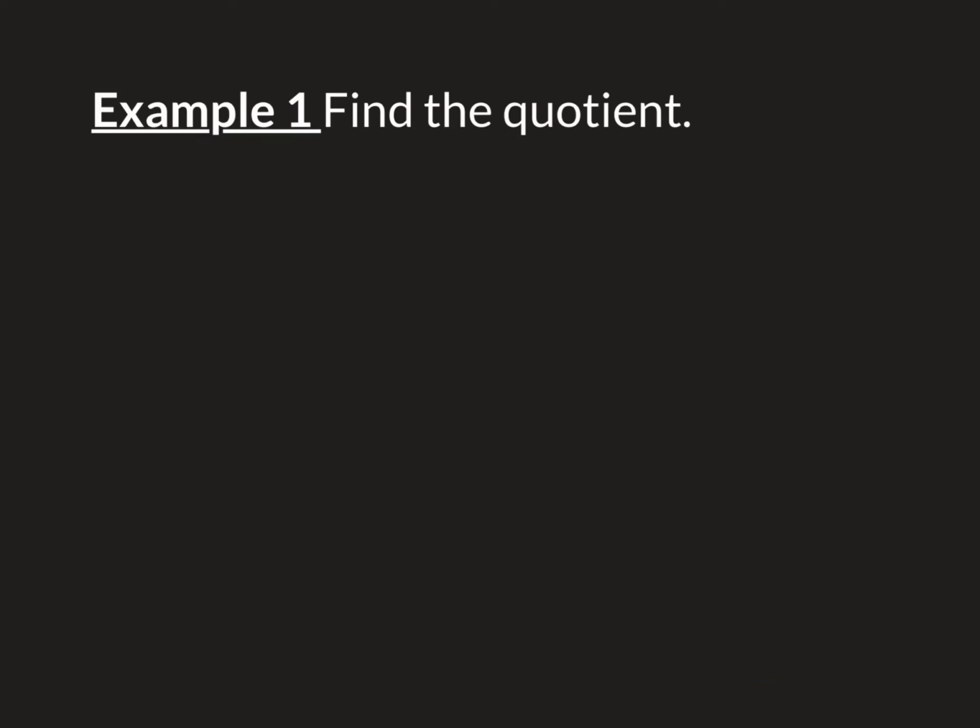We are going to find the quotient, and we're going to do this with long division and with synthetic division. So I'll use long division here. Probably should give myself more space, but it'll be okay. And then synthetic division here. My problem is x squared minus 5x minus 36.